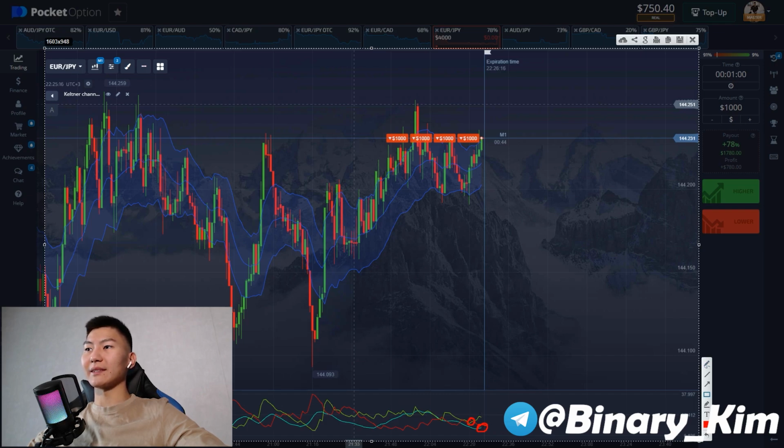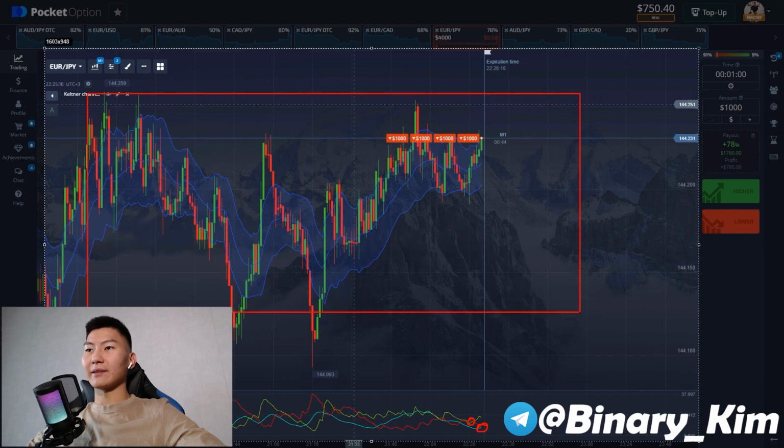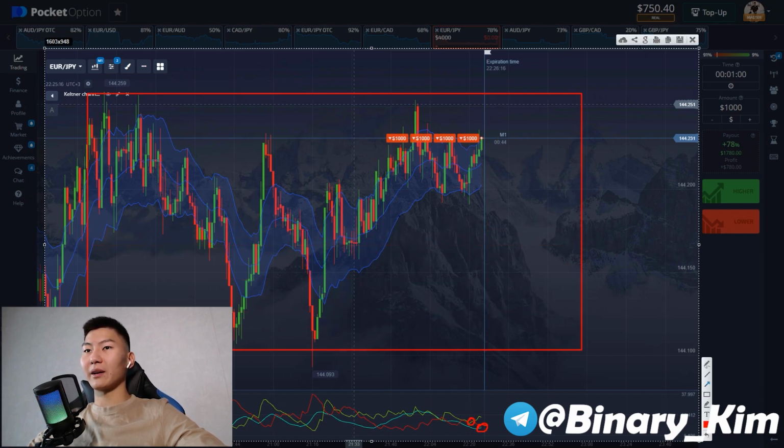You can see this sideways, and here is the false breakout from the Keltner channel, after which we should see the correction to the downside. Actually, the touch took place, and the correction followed up every time. So we count on that.